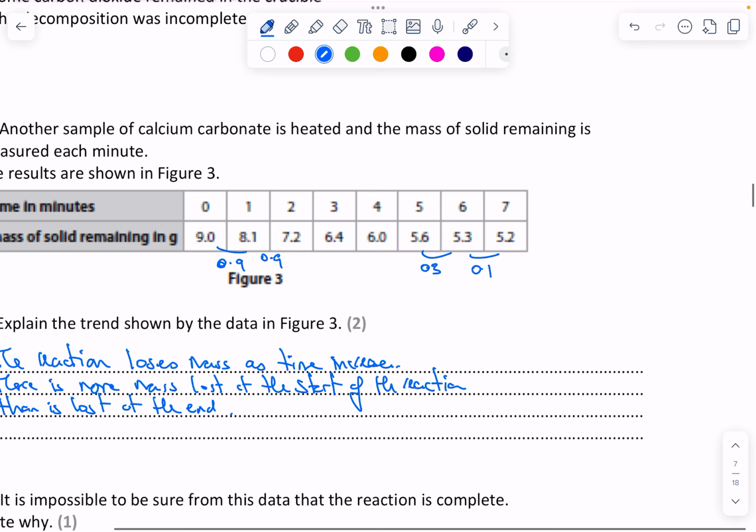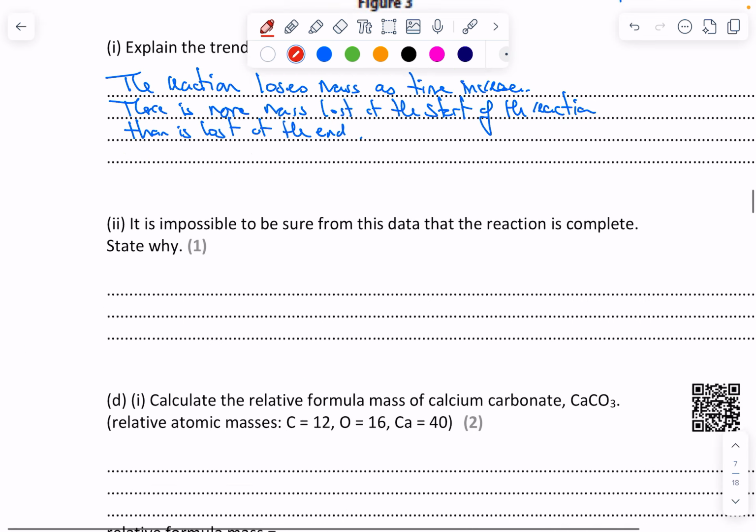Why? Well, the reason is because the mass here is continually changing, and therefore we don't know if the reaction's finished. What you would have done is heat it again, and on the 8th minute, if you'd got the same answer, then you know that the reaction has stopped because the mass is no longer changing, and therefore the reaction is complete.